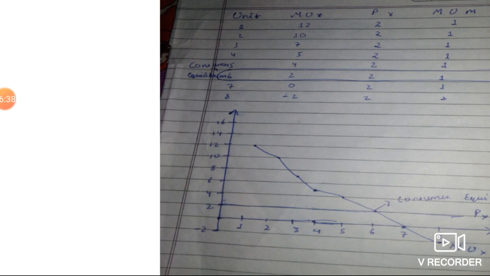Now where MUX intersects the price line, or in simple words, where the MUX and PX lines intersect each other, this point is known as consumer's equilibrium.